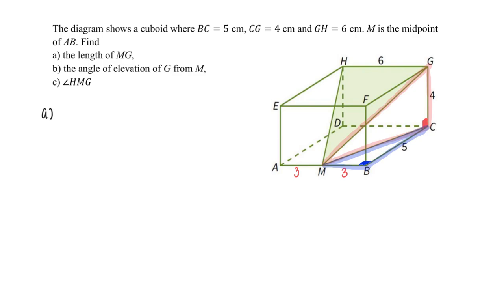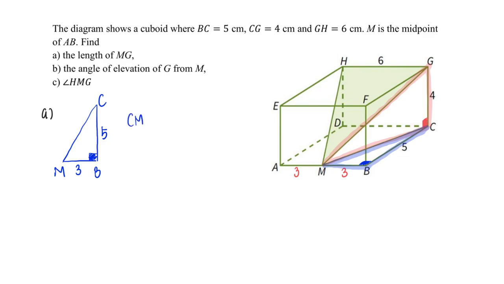So part A, you will then see Mr. Tan saw that there is this right angle triangle MBC. We have 3 and 5 here. So step 1, I will be able to get my CM.